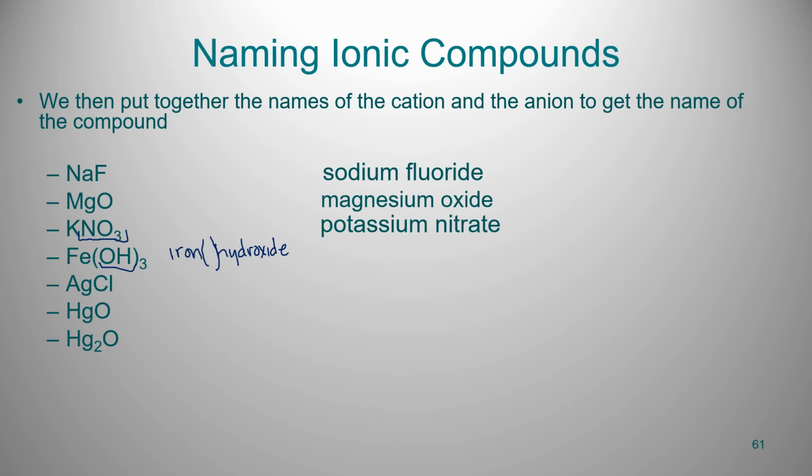Now, we didn't need the Roman numerals. Again, I didn't make up these rules, but we didn't need the Roman numeral for potassium, magnesium, sodium because you can just figure out what their charge is by looking at the periodic table. But iron, you can't. So you need to have the Roman numeral to indicate what the charge of iron is.